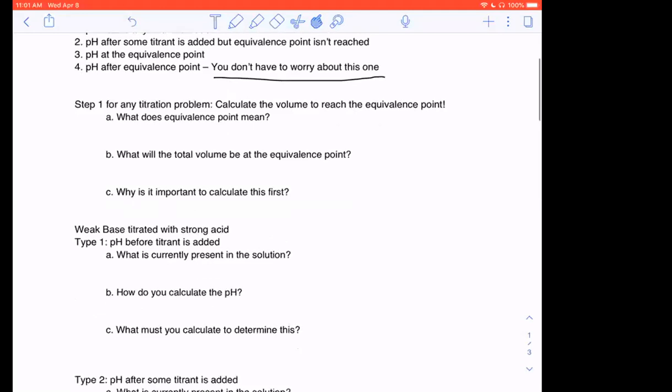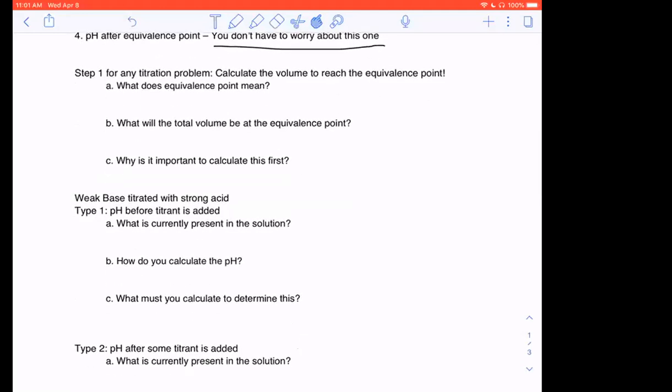Going into the steps for any titration problem, the first step that I would always do is calculate the volume needed to reach the equivalence point. The reason for that is it gives you a few pieces of information.